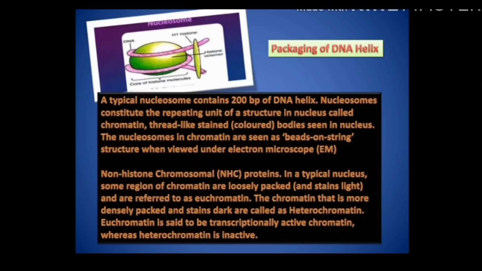So now here we will see that during this condensation into the chromosomes, these nucleosomes are not present everywhere. Somewhere they are more and somewhere they are less. So that is why we are discussing euchromatin and heterochromatin.